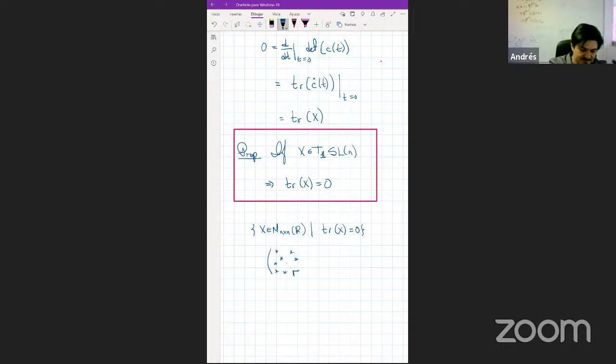So that's how you can write any matrix here. What can you tell me about that set?